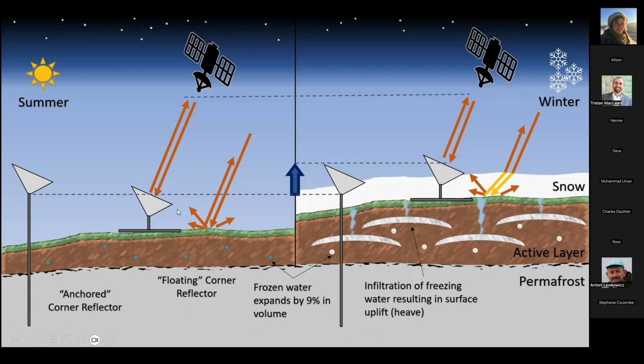These corner reflectors also have Lexan covers over them, so they're independent of the snow signal. What you can see is snow has the impact of refracting the radar signal, therefore it increases the path length. And so it's difficult to use interferograms that are taken during winter months. You need to account for this snow phase.